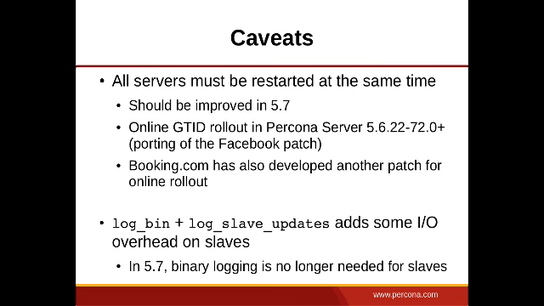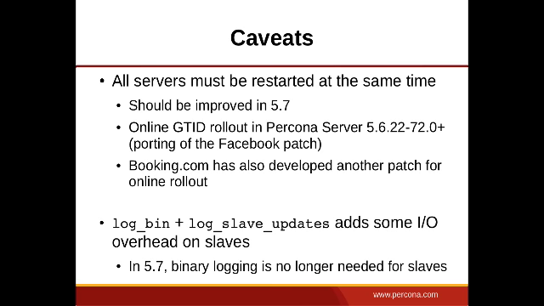So this is an issue for many people. In 5.7, I hope it should be improved. But of course 5.7 is not yet available, so we'll see. And if you're using 5.6, you still have a few opportunities to enable GTID replication without downtime or without too much downtime.